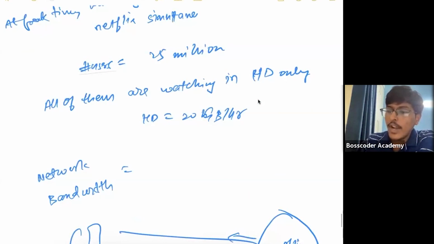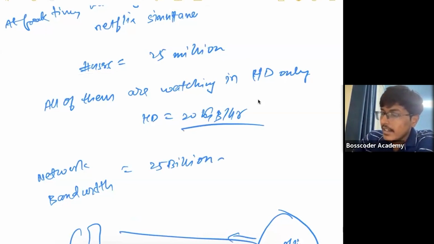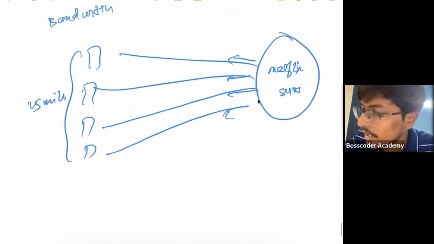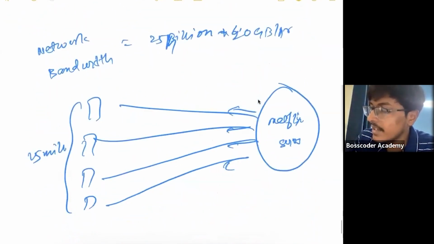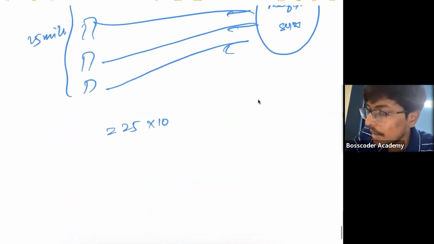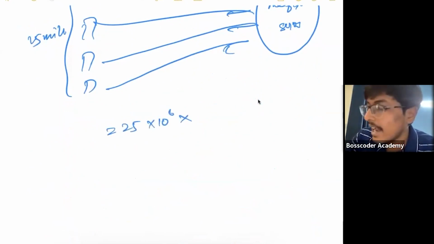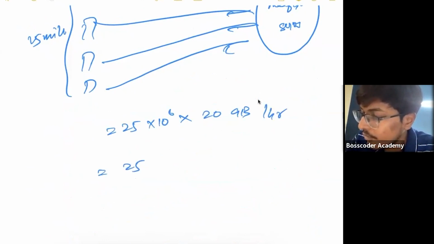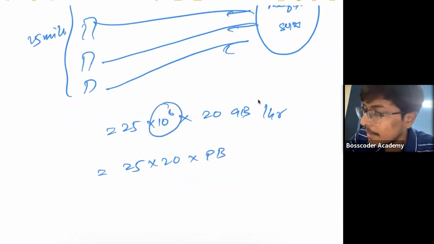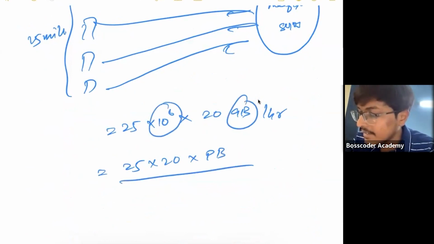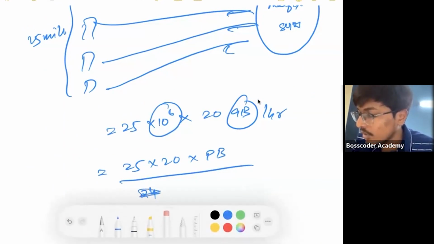So what is the network requirement? There are 25 million users, sorry, not billion, million, which comes out to be 25 into 10 raised to the power 6. They are watching at 20 GB per hour, which becomes 25 into 20 into GB, terabyte, petabyte, per hour.